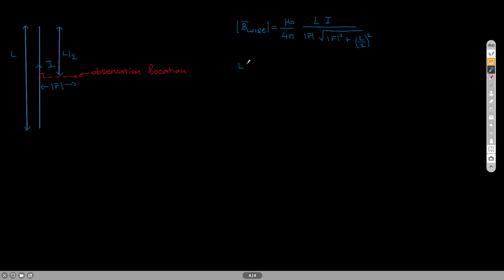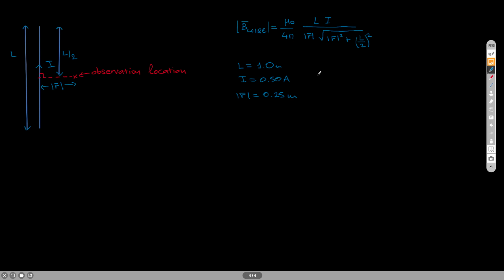Now, a simple application of this. Let's say I have a wire that has a length of 1 meter, and there is a current flowing in it. Let's make it half an ampere, and the observation location is 25 centimeters away from the wire, from the midpoint.